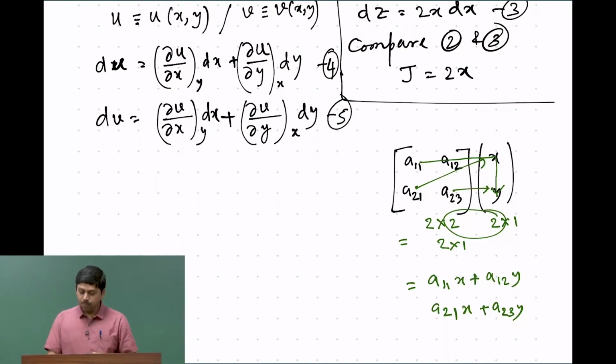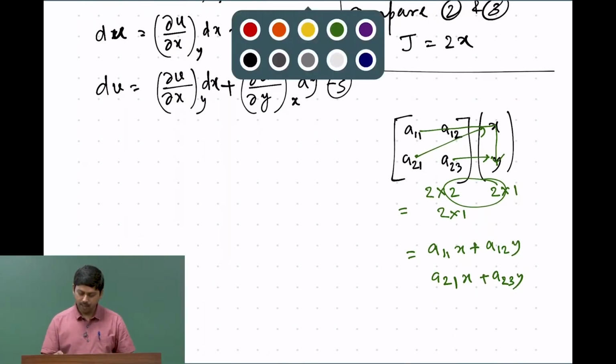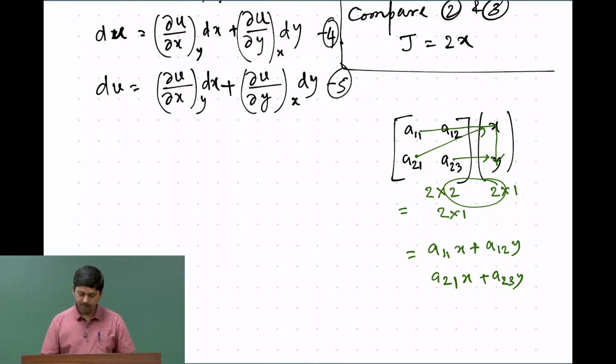If I use matrix multiplication, it is very easy and convenient to write multiple variables in matrix form. So, I am going to write equations 4 and 5 in matrix form like this. So, du and dv, these are two variables on the left hand side.